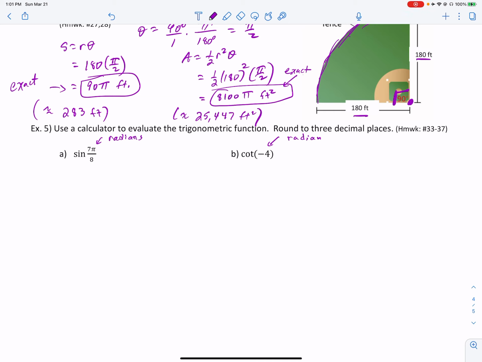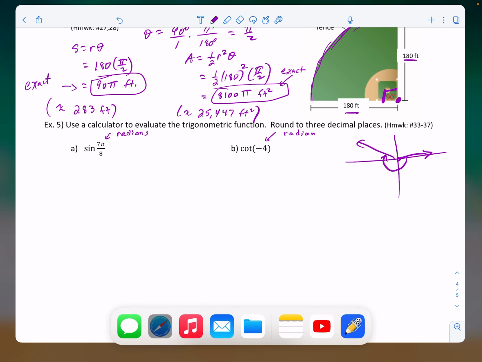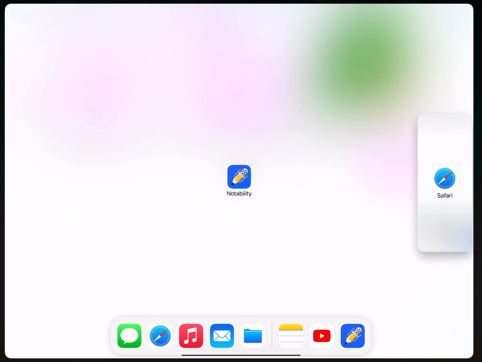And when I'm thinking -4, I'm thinking, okay, initial side here, 3.14 is half a turn, so I'm probably somewhere around here. And so now to calculate these, again, you need your calculator in radians. And there's still another little trick here that we need to look at.